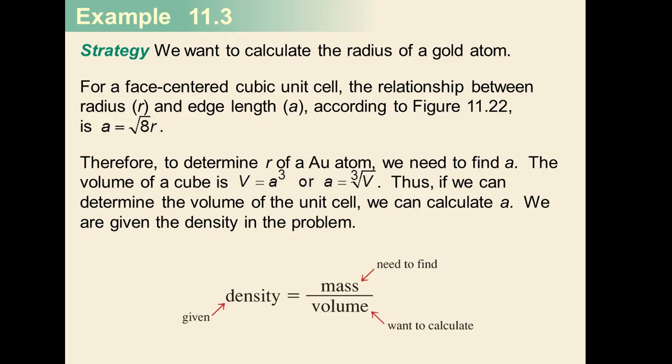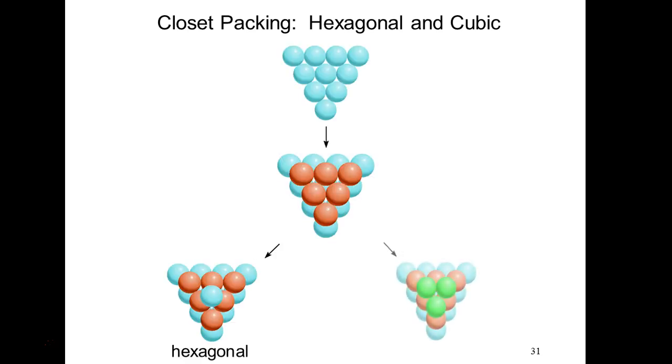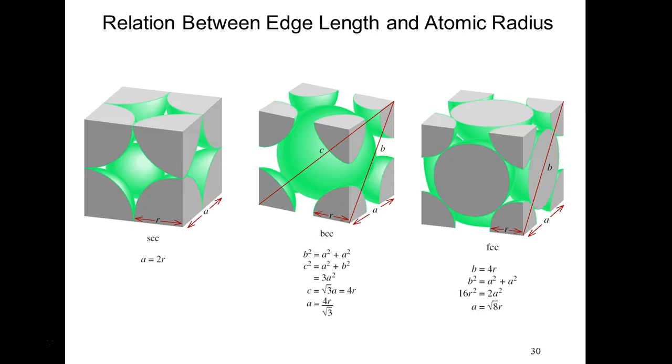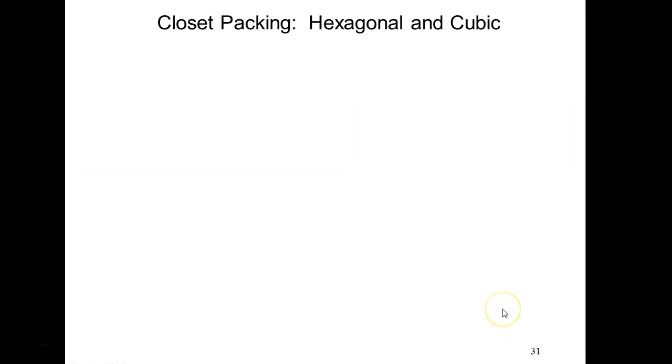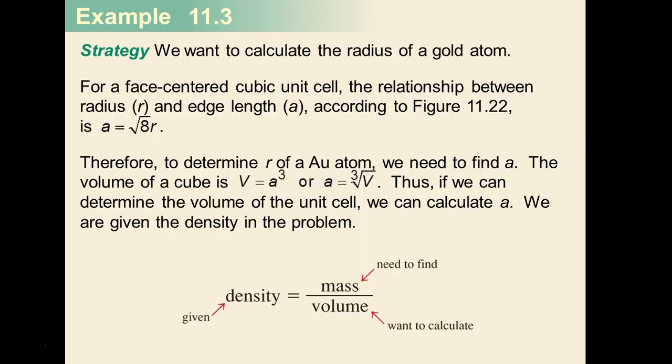For the face-centered cubic cell, the relationship between radius and edge length. So, face-centered cubic is just like the cubic structure right over here. And we can see that the relationship between the edge length a and radius is the square root of 8 r. So we're going to use that. So therefore, to determine the radius of the gold atom, we need to find a.